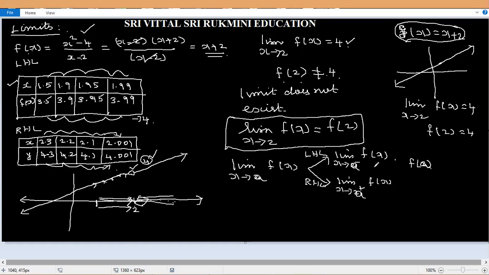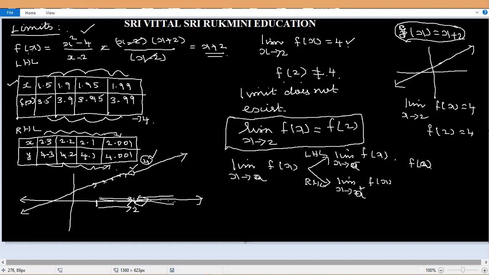Now, what are the properties? The left hand limit sometimes does not exist. When you solve it, if you don't get a definite value, we say that it does not exist. Or the right hand limit does not exist. Or f of a does not exist. Here, in this case, f of 2 does not exist.